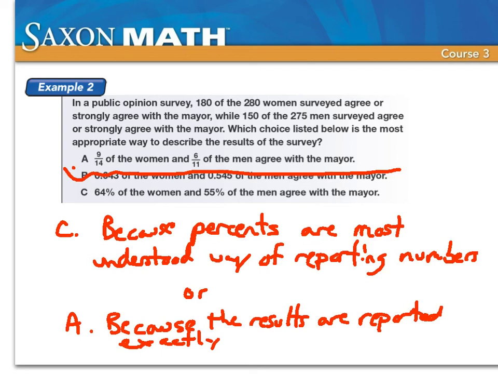But the only one I definitely wouldn't choose is choice B, because they're rounded. And also not only are they rounded, but the numbers themselves don't make as much sense as the percent does. I would take either one of those answers, but again, I think choice C is better since we typically report results as percentages.